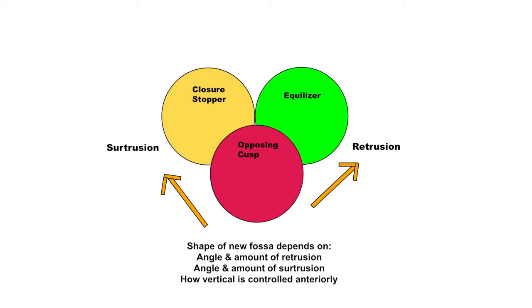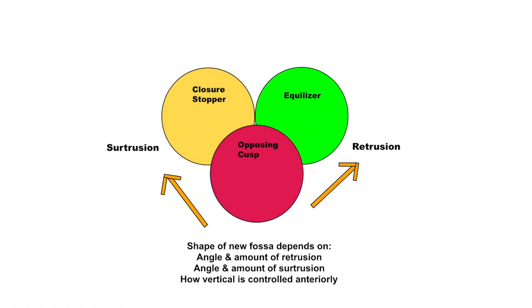The composite movement of the condyle and disc and a cusp versus its opposing fossa is entirely dependent upon the angle and the amount of retrusion and the angle and amount of surtrusion which has to be accomplished to get from maximum intercuspation to centric relation.